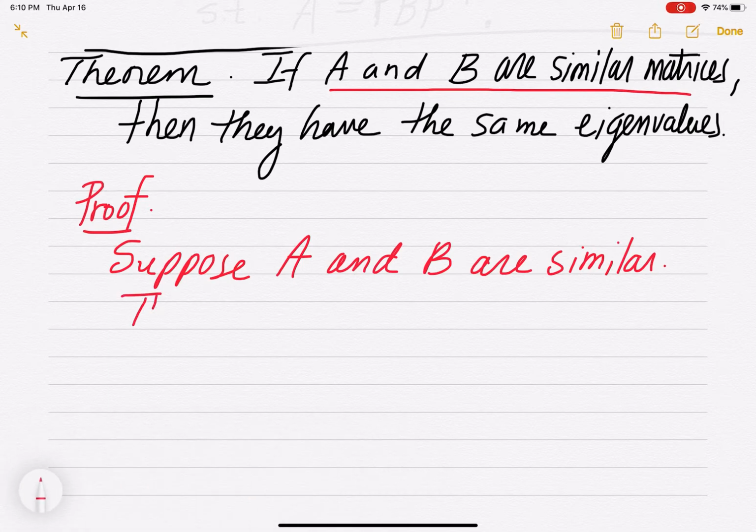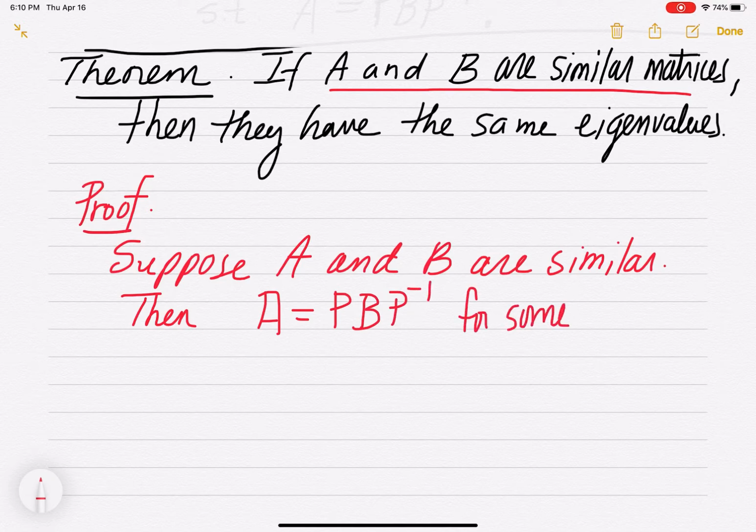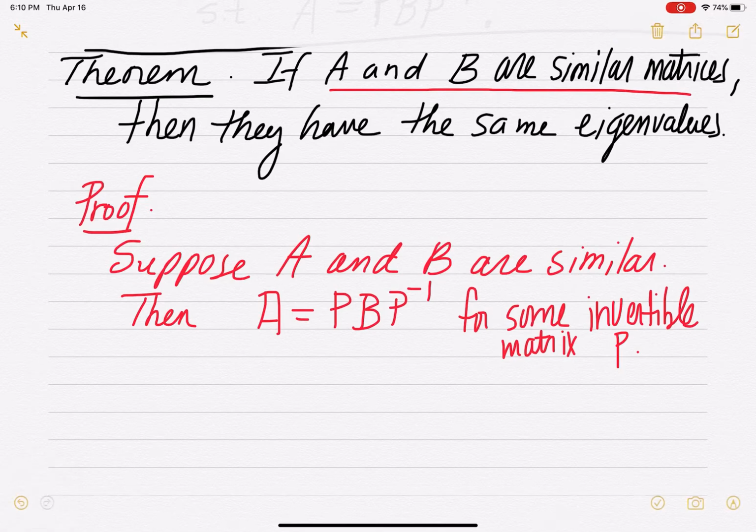That means A equals P B P inverse for some invertible matrix P. All right. So now we want to focus on the eigenvalues of A and then try to figure out how they compare to the eigenvalues of B.